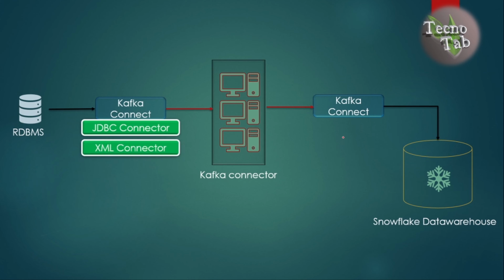Similarly, on the right-hand side, we are pushing the data to the Snowflake data warehouse, so we have to choose the appropriate connector, and that is the Snowflake connector. That is already available on the website of Kafka Connect. You can just go and download it, install it in your system, and then your job will be done.